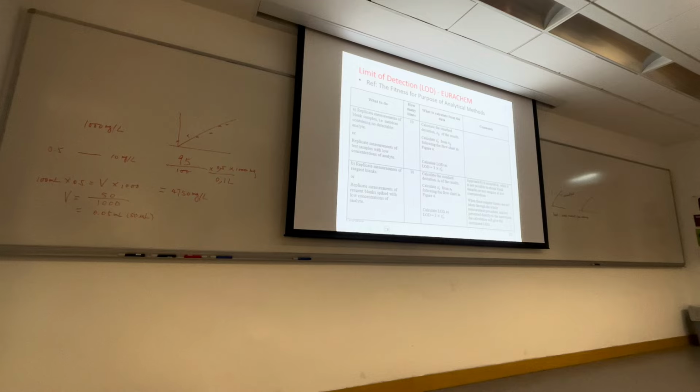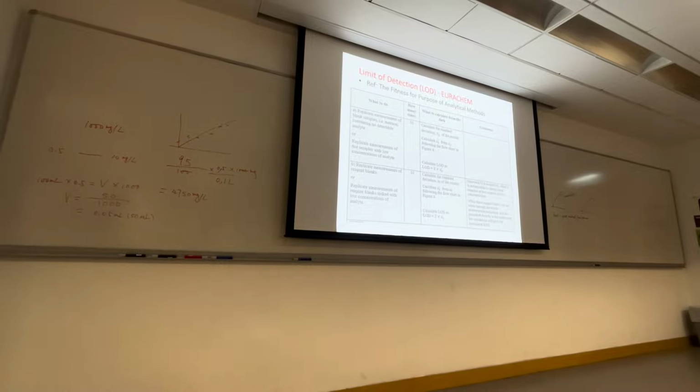Okay, so we will use procedure blank or reagent blank or low level spike. So the best approach is to use matrix blank, that is blank sample, or matrix blank with low concentration of your analyte. The concentration of the analyte is not important. We just want to study the variation in signal near zero of your analyte for 10 times.